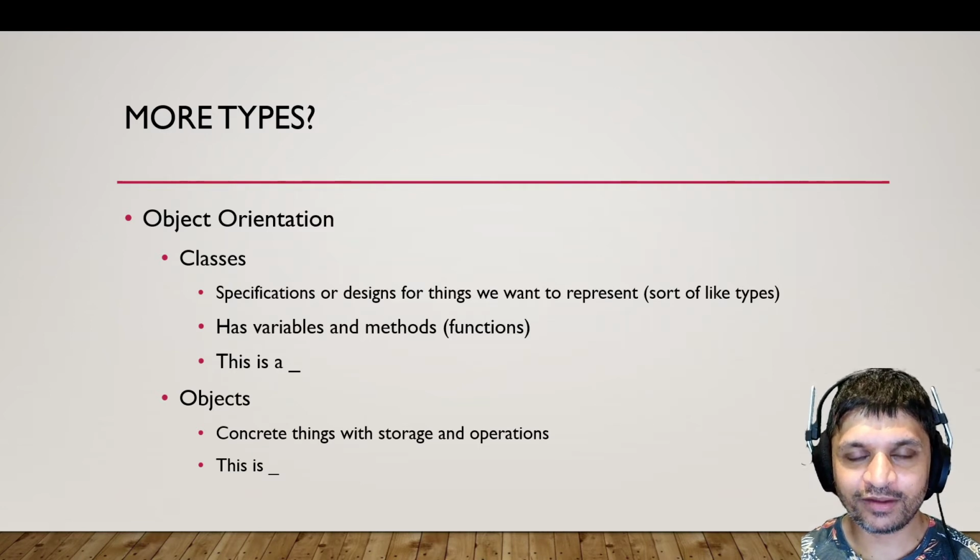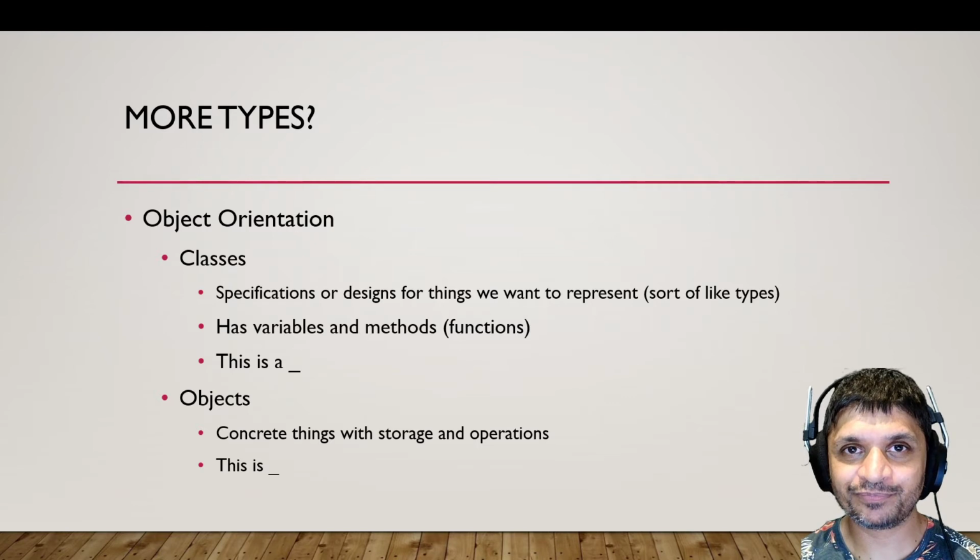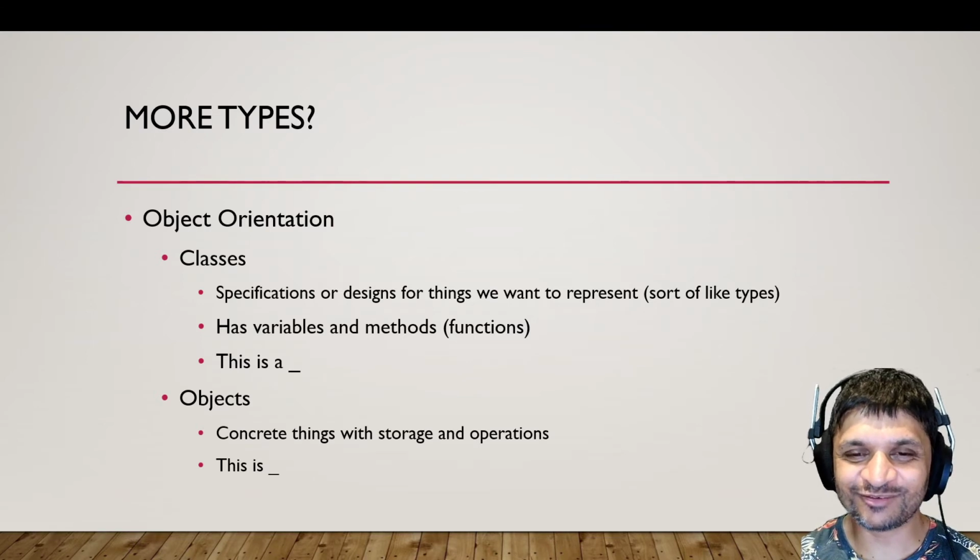So as an example, let's say I said car, right? We said that would be a class. If I said Toyota, what would that be? Well, would you say "this is a Toyota," or would you say "this is Toyota"? You'd say "this is a Toyota," right? So Toyota is also a class. A Toyota is a type of thing. But if I said Pravesh's Toyota, then you wouldn't say "this is a Pravesh's Toyota." You'd say "this is Pravesh's Toyota," right?